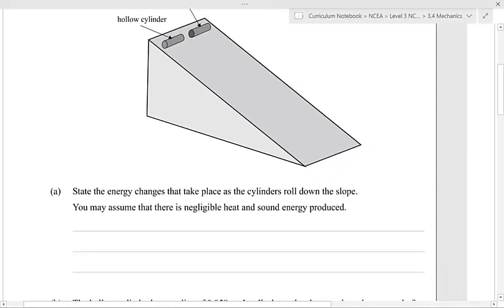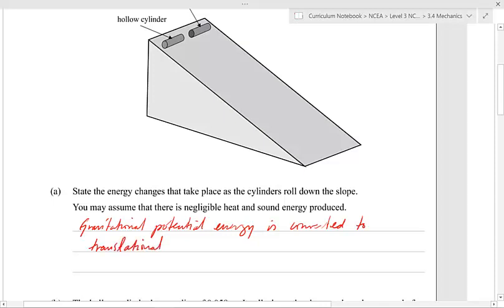The first question asks us to state the energy changes that take place as the cylinders roll down the slope. So we're assuming that there's negligible heat and sound produced. In this case we have gravitational potential energy converted to translational kinetic energy and rotational kinetic energy.